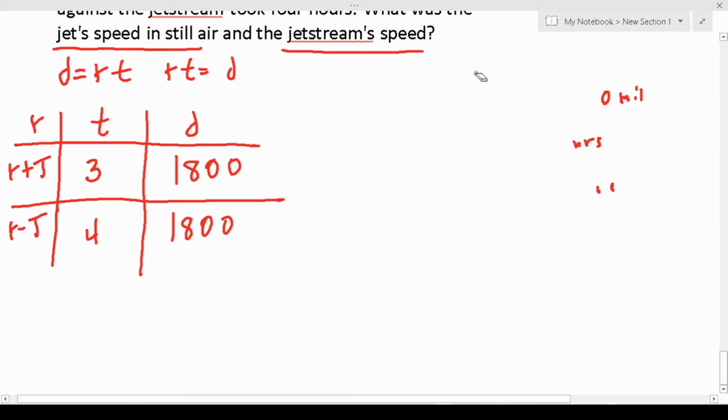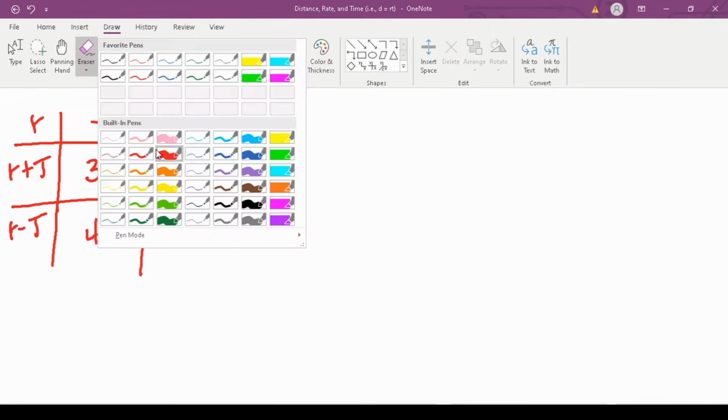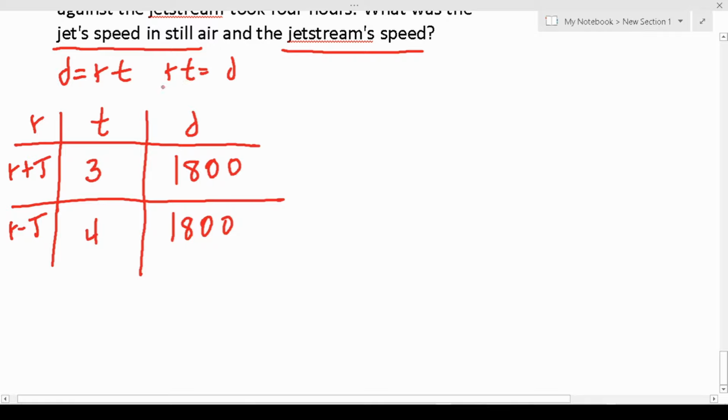Now that we've got these scenarios written into equations over here, almost. Again, we're doing r times t equals d. So let's go ahead and do that. R times t is r plus j times 3 equals 1,800. Again, that's r times t equals d. And let me write that over here: r times t, here's our d.